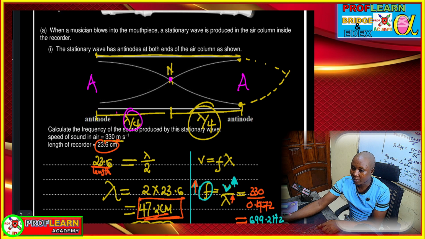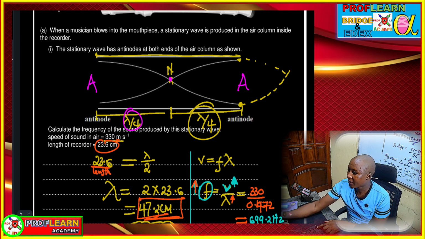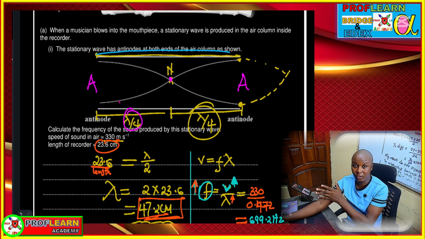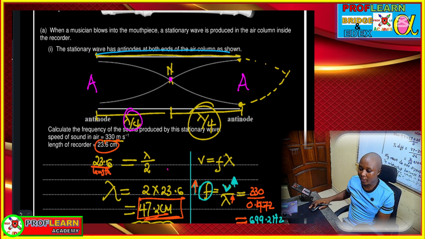We were told that the length of the recorder is 23.6. The length of this recorder, as per the sound that is being produced, is going to have a wavelength.